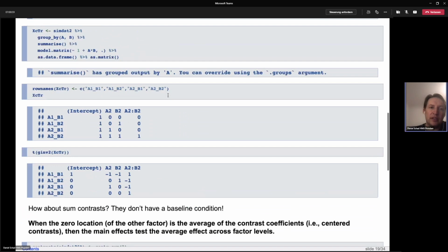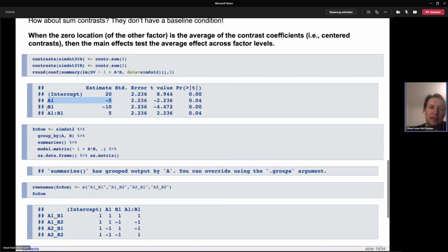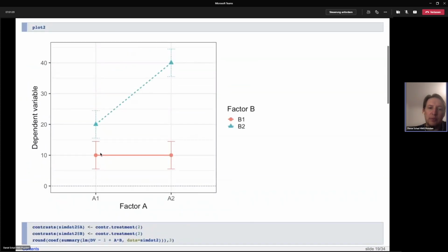Let's go to the figure. So we want to know the effect of A averaged across levels of B1 and B2. B1 and B2 are these two lines, and we want to test the effect of A from left to right. So how is the left side different from the right side?